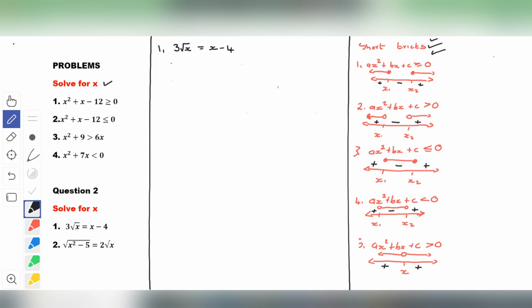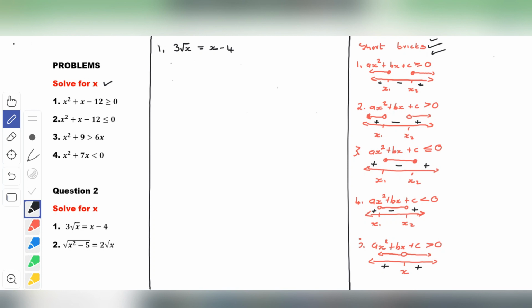As we can see, the equation that we're given is arranged. The square root of x is put on one side, and those other values are on the other side. So what do we do in the second step?